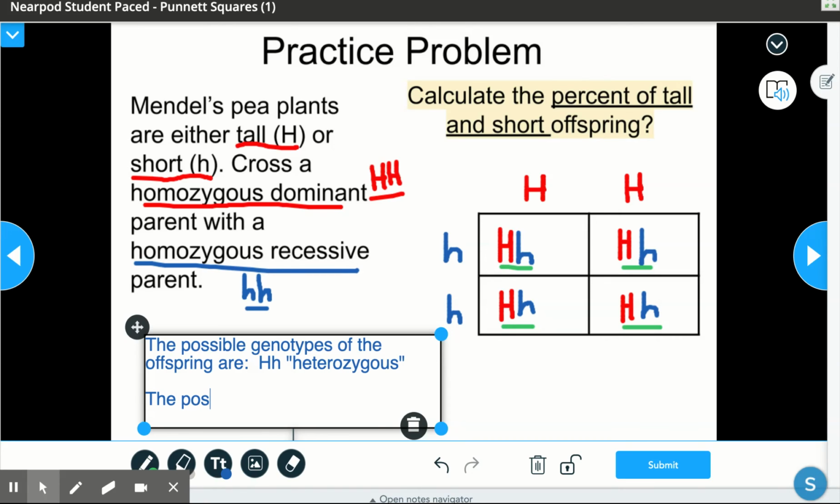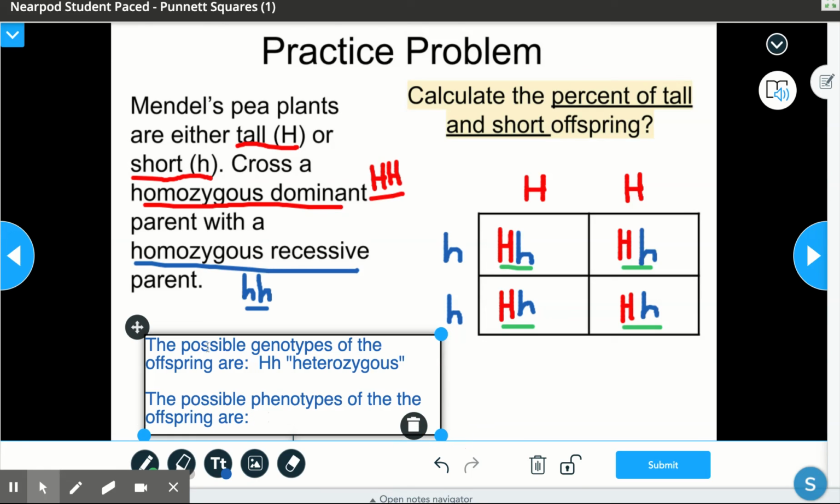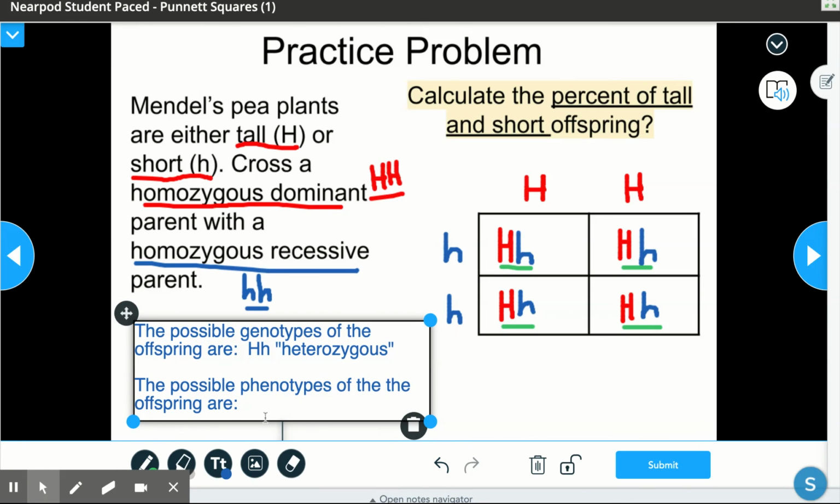The possible phenotypes of the offspring are, so if we look at this genotype, it's big H, little h. Is that going to give us tall plants or short plants? To answer this, we need to note that the uppercase H is dominant.